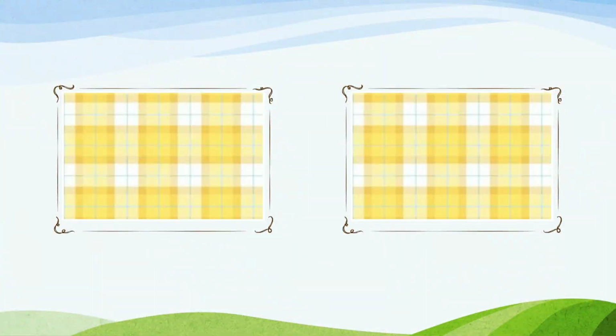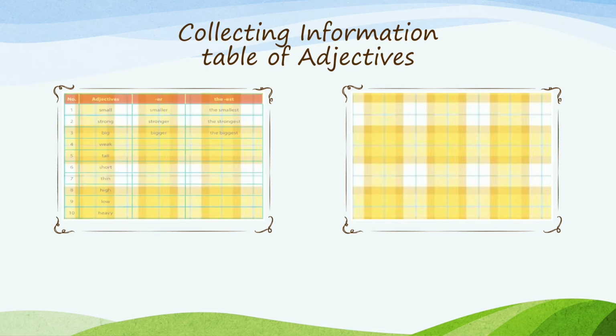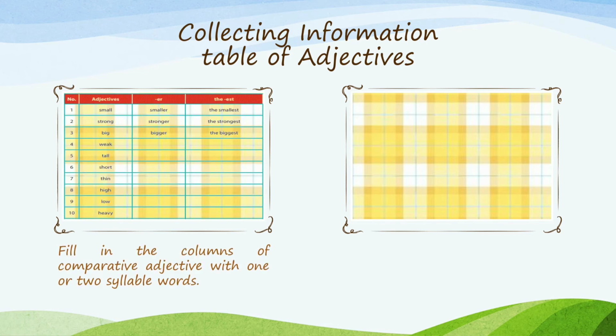Now it is time for you to do the task. You are going to collecting information about tables of adjectives. First table, you are going to fill in the columns of comparative adjective with 1 or 2 syllables words.